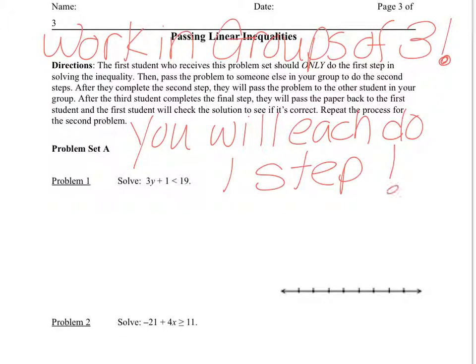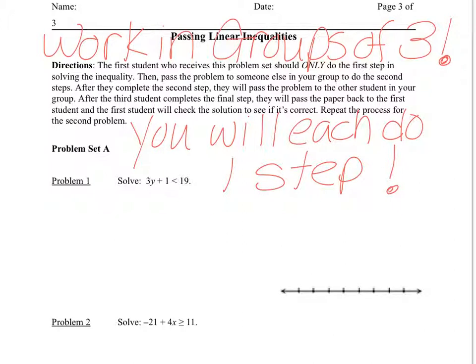Then pass the paper. Okay? That's how this works. Right, so get in groups of 3. There should be 4 groups of 3. There are 12 of you. And that's how I want you guys to do this.